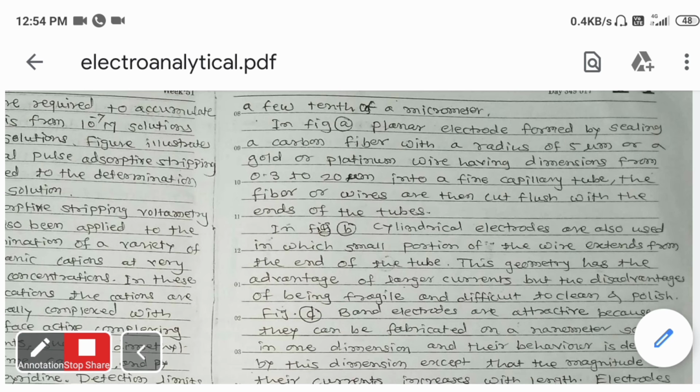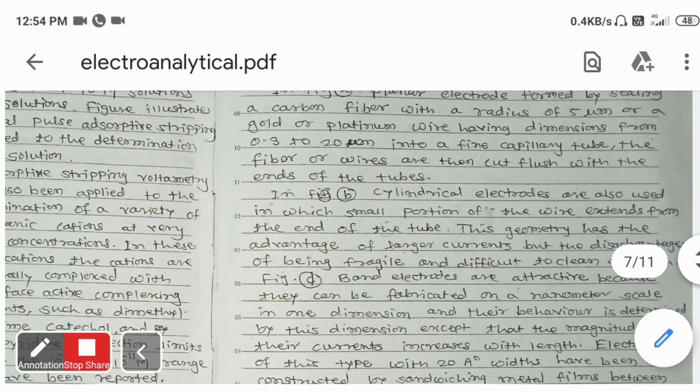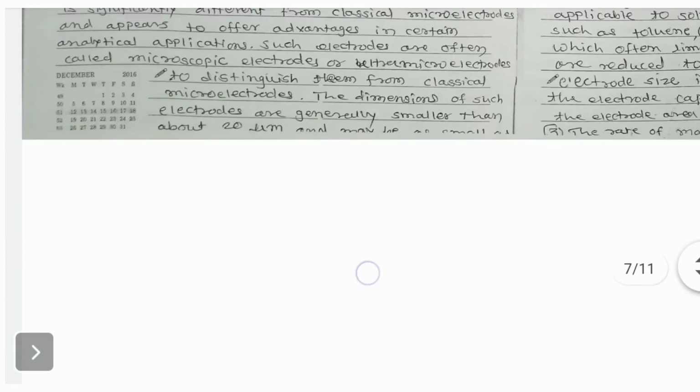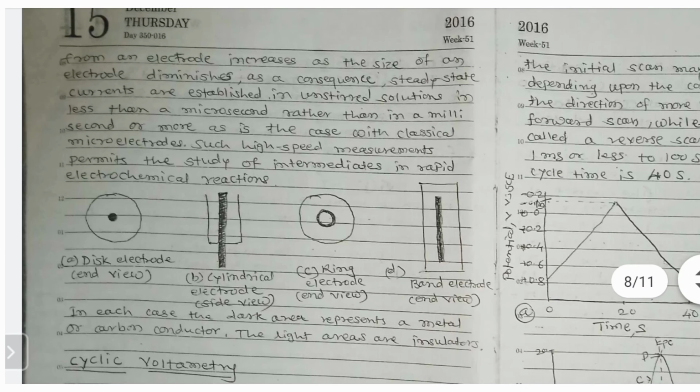There are various types of electrodes based upon their shape: disc type, cylindrical type, ring electrode, or band electrodes. Here we are seeing the various shapes of ultra micro electrodes.